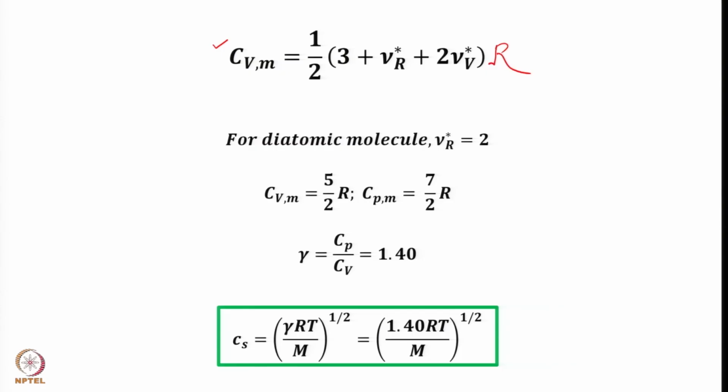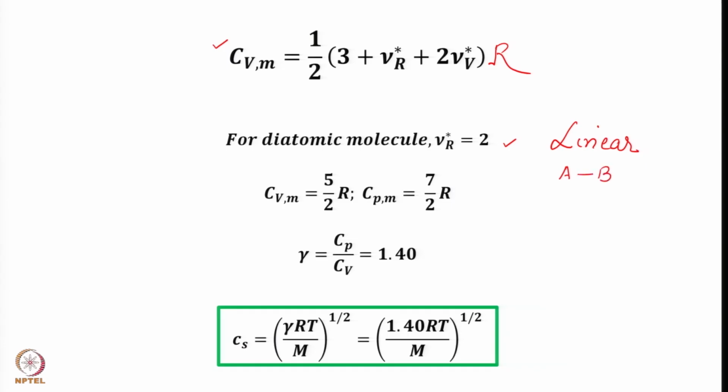We just discussed that for a diatomic molecule, nu R star is equal to 2, because a diatomic molecule is linear, for example A, B.